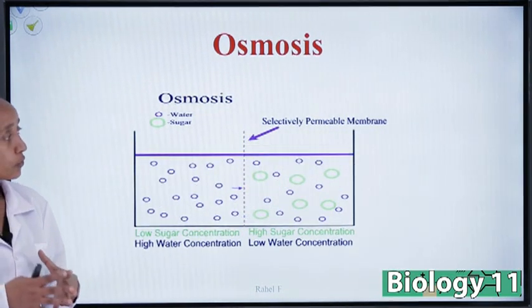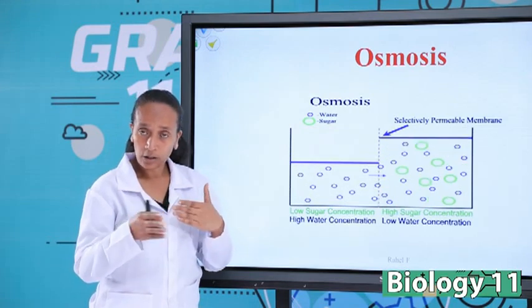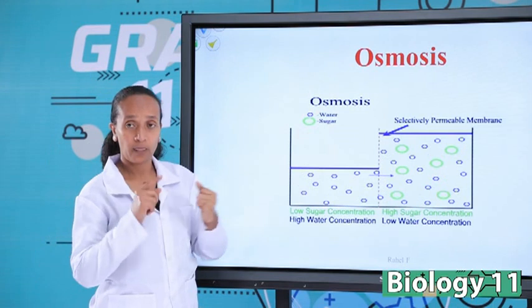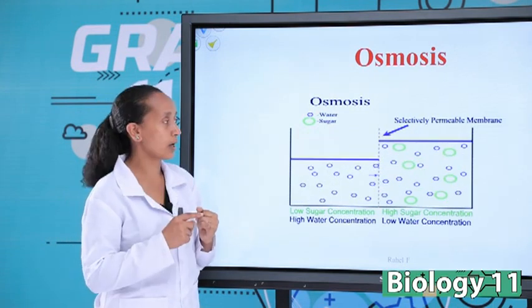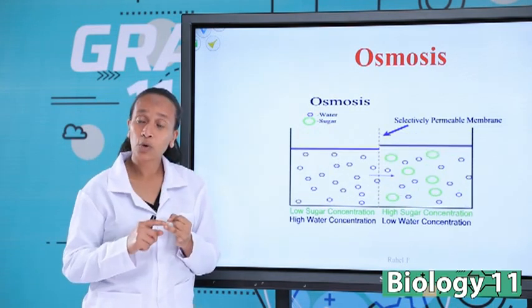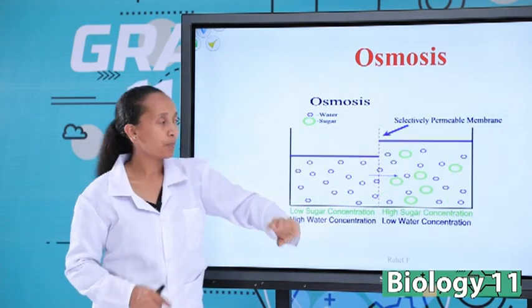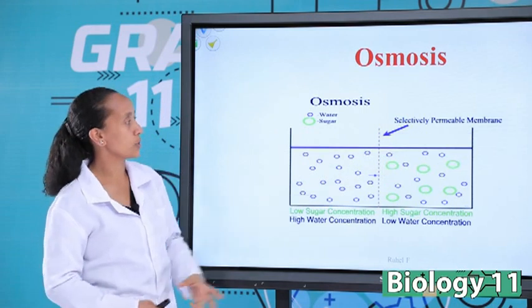Simple diffusion can occur in both types of membrane. But in case of osmosis, the first point, the particles are water molecules. The second point, there must be a selectively permeable membrane. So what will happen in the process?